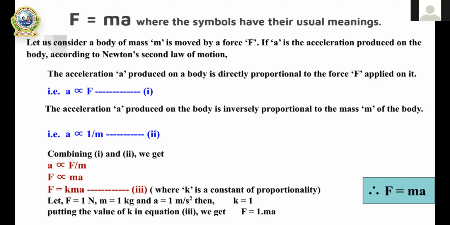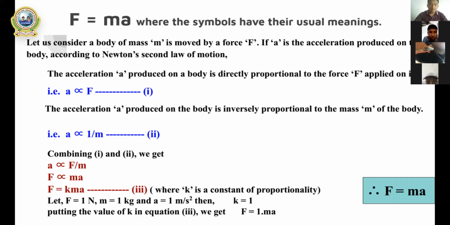So for deriving this relation, for proving this expression, you have to start with the language, considering m as mass, capital F as force, and small a as acceleration. You can see on the screen and write in the copy. Let us consider a body of mass m moved by a force F, and if a is the acceleration produced on the body, then according to Newton's second law of motion.